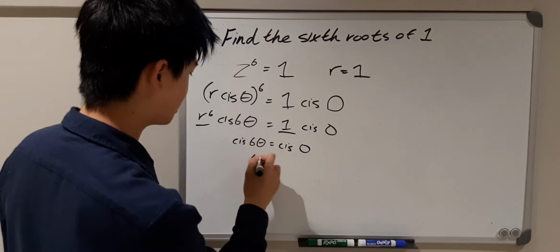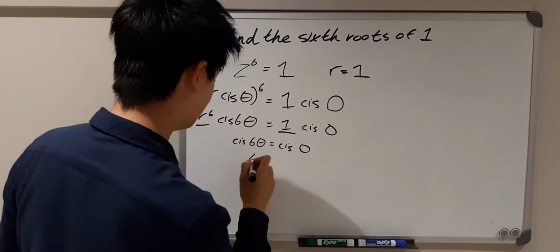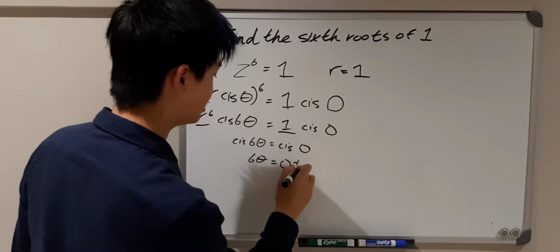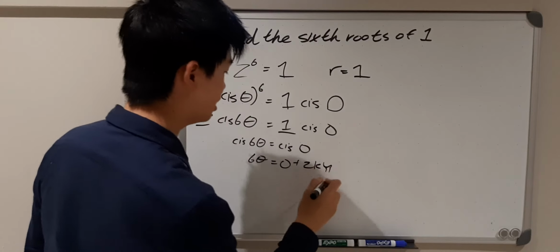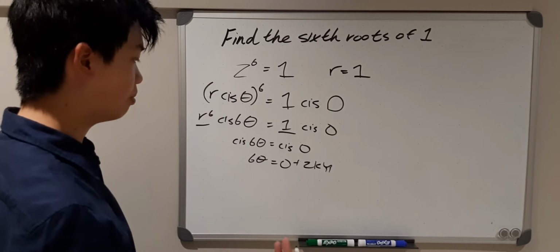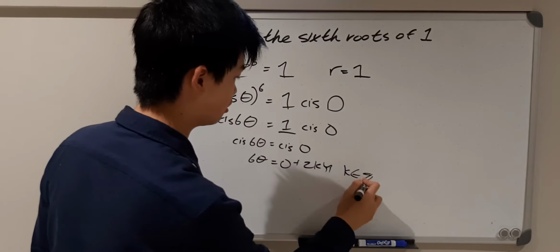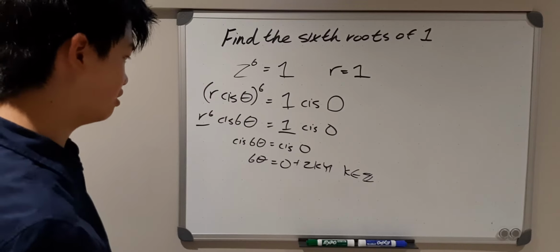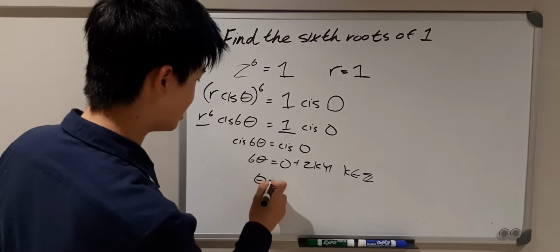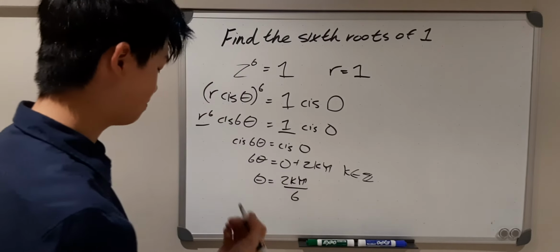So that means that 6 theta is equal to 0 plus 2k pi, because we know the period is 2 pi, and k is going to be an integer. Okay, so therefore theta is equal to 2k pi over 6.